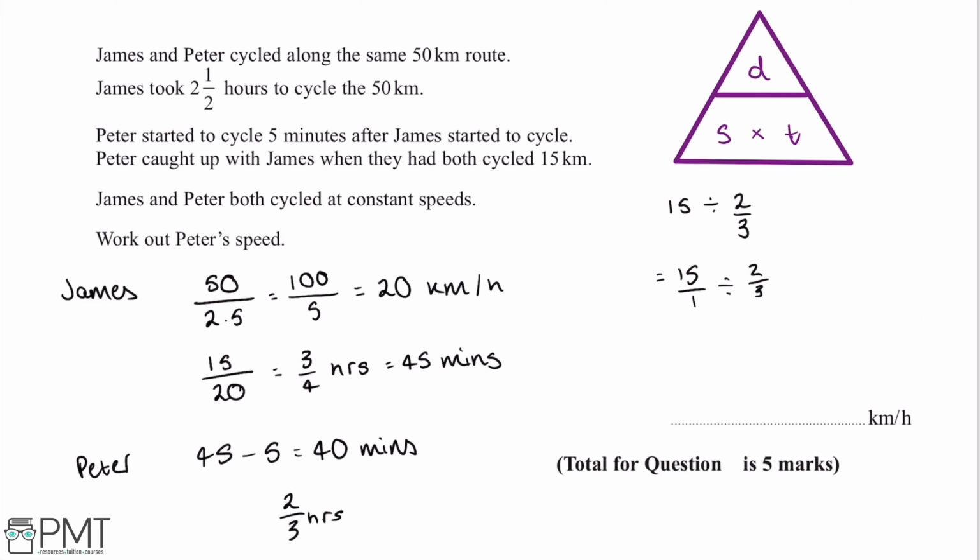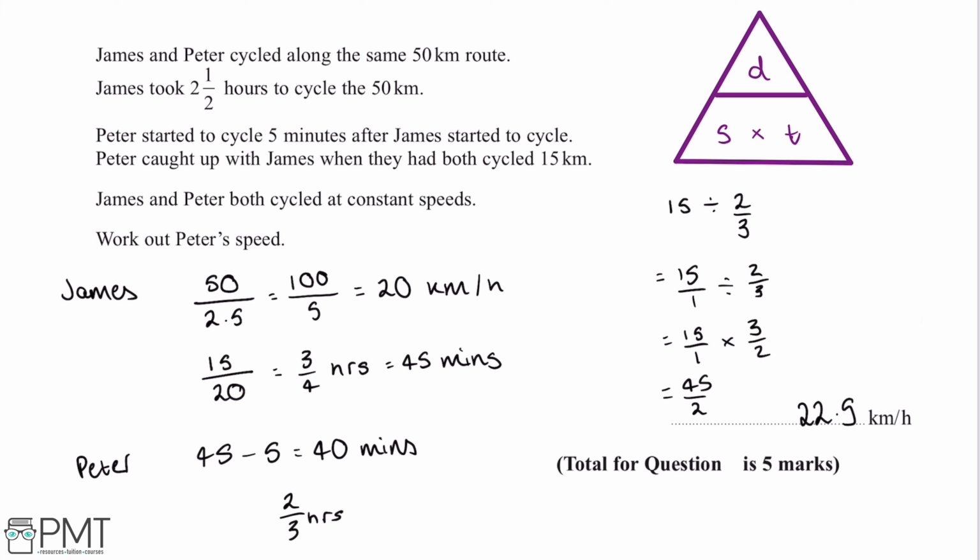And when we're dividing fractions, we keep the first fraction the same and we flip the second fraction. So this gives us 15 over 1 times by 3 over 2. And 15 times by 3 is 45, and 1 times by 2 is 2. So 45 divided by 2 gives us 22.5 kilometres per hour.